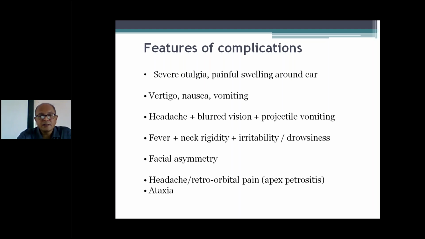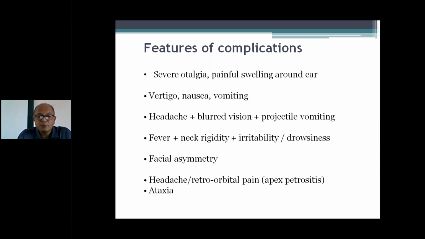Fever, neck rigidity, irritability and drowsiness are features of lateral sinus thrombophlebitis as well as meningitis. Facial asymmetry, facial paralysis, headache and retroorbital pain signify petrositis, and ataxia indicates cerebellar pathology, either a cerebellar abscess.